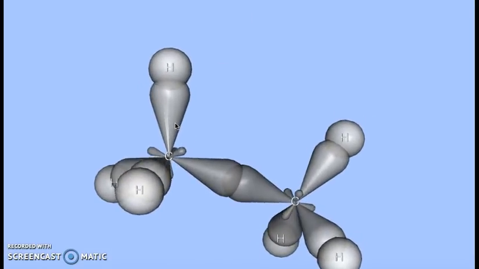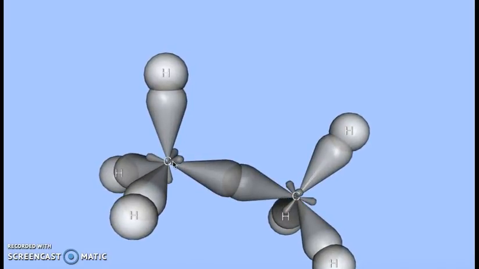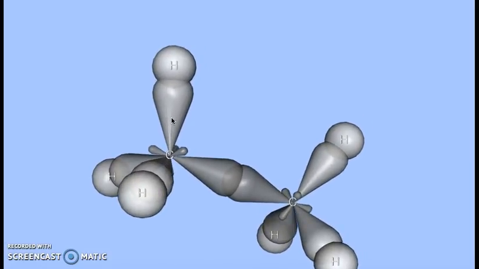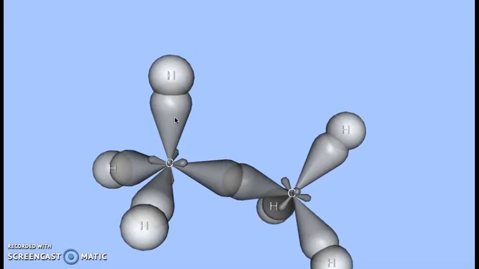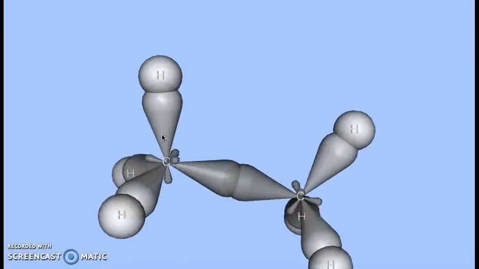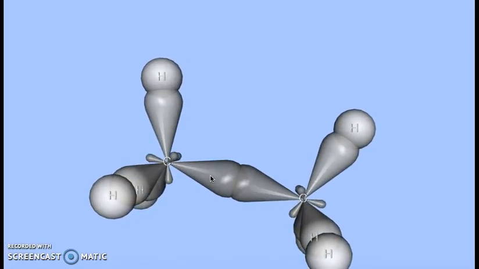And we see that the carbon has, if we focus on this carbon, 1, 2, 3, 4 sp3 hybrid orbitals. Each of the hydrogens still has its original s orbital, and the sigma bond made is between the sp3 orbital of the carbon and the s orbital of the hydrogen, or between the sp3 orbital of one carbon and an sp3 orbital on the other carbon.